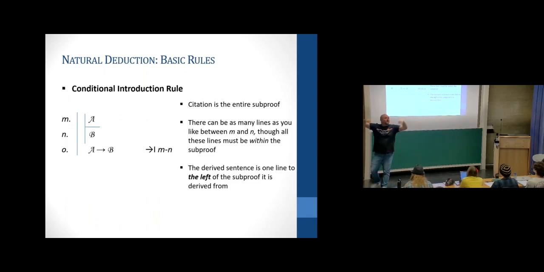But conditional introduction says if you have a subproof that starts with A and ends with B, we don't care how long or how short it is, you can close the subproof and get the conditional A arrow B. Because what the subproof tells you is that if A is true, you can get to B.